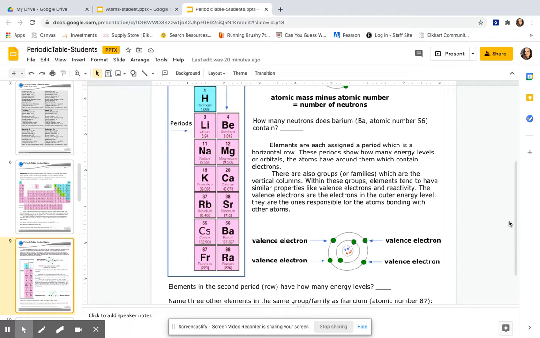There are also groups or families, which are the vertical columns. Within these groups, elements tend to have similar properties like valence electrons and reactivity. The valence electrons are the electrons in the outer energy level. They are the ones responsible for the atoms bonding with other atoms.